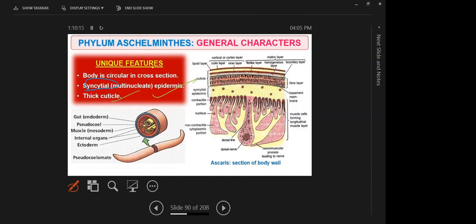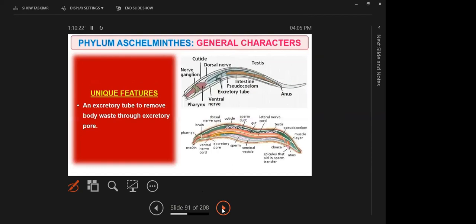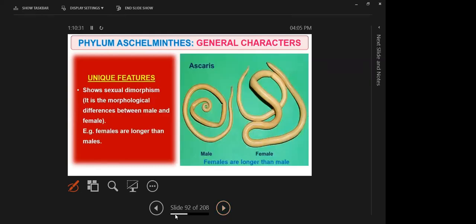Okay. So which is the excretory structure that helps in removal? What's the unique feature? Sexual dimorphism. Already I told you, females are longer than males.